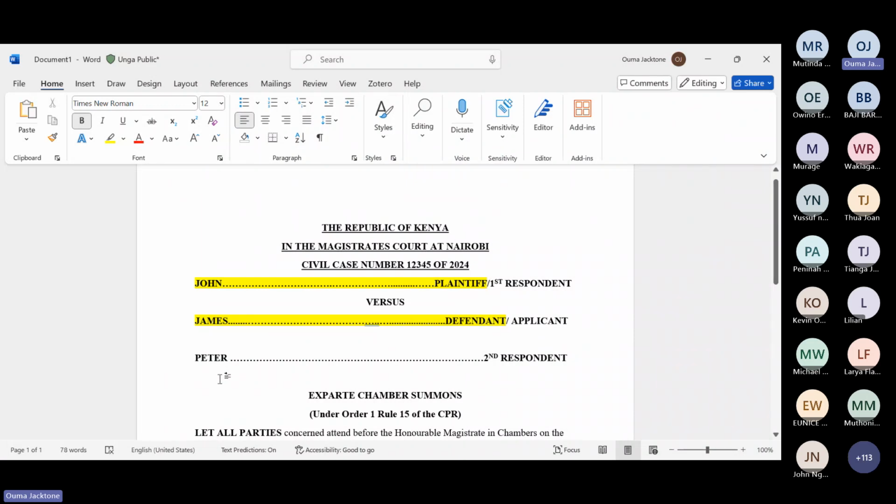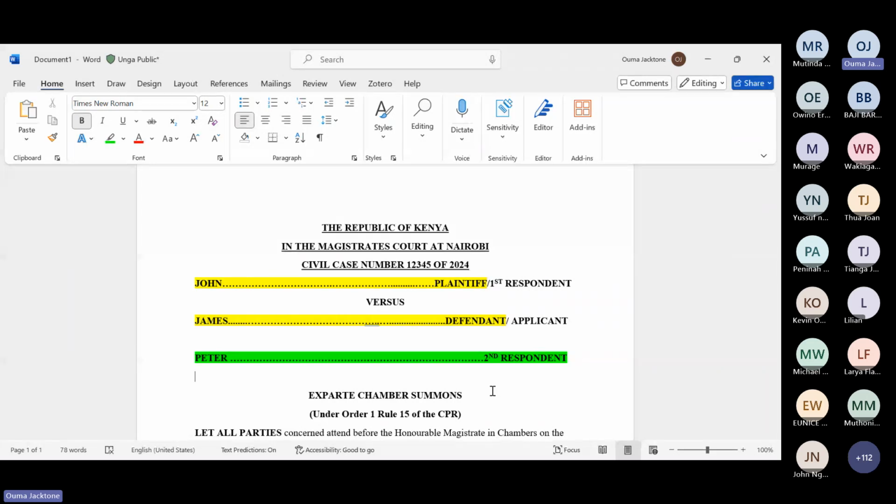Now, James wants to bring Peter, this one here, let me highlight it in green maybe, as a third party. James is bringing Peter as a third party. So for you to bring Peter as a third party, you have to make an application.